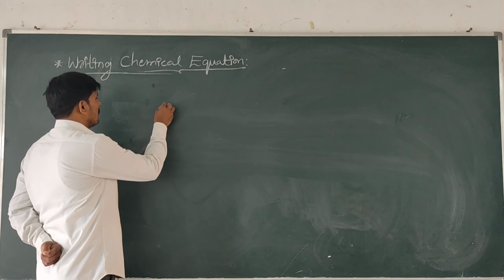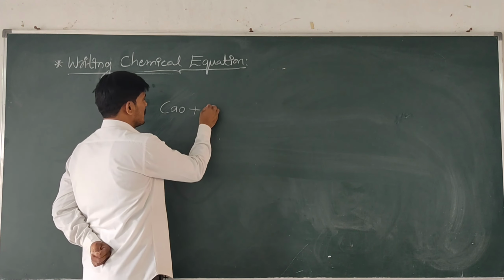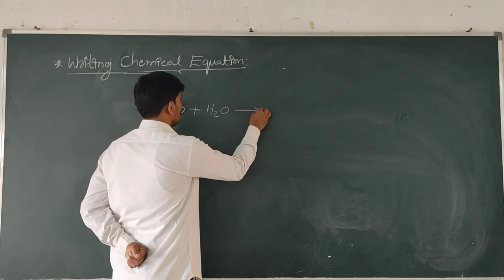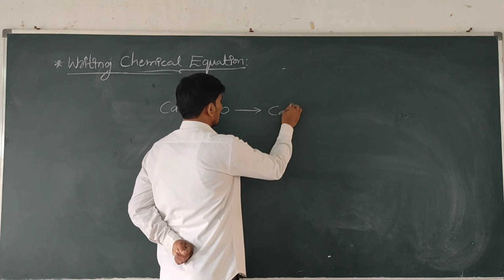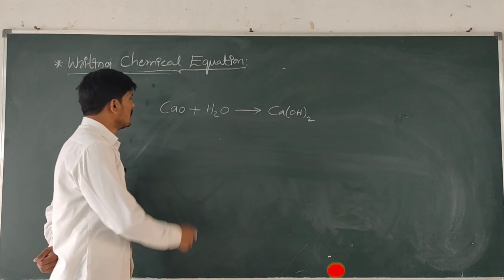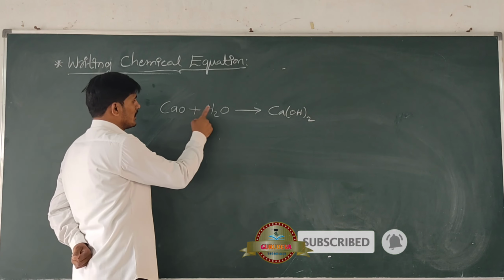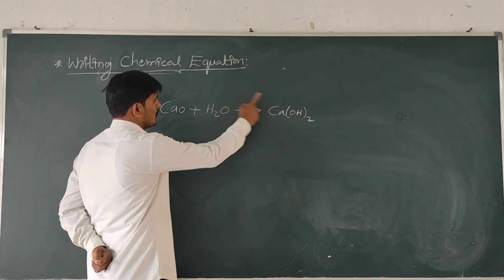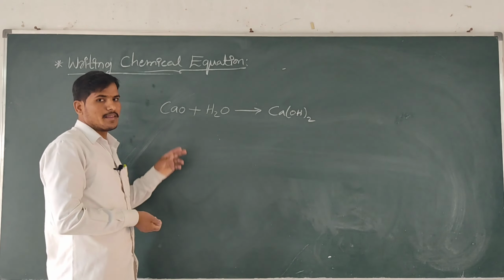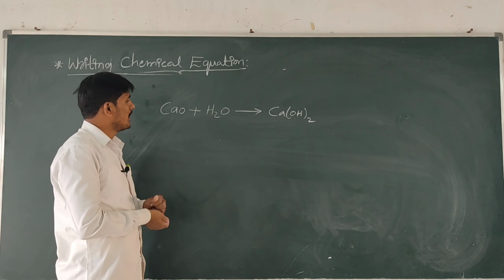For example, when an equation is written using formula units, CaO plus H2O gives rise to Ca(OH)2. Calcium oxide, when treated with a water molecule, forms calcium hydroxide. In this chemical reaction, we can easily find out how many formula units are present in each compound.